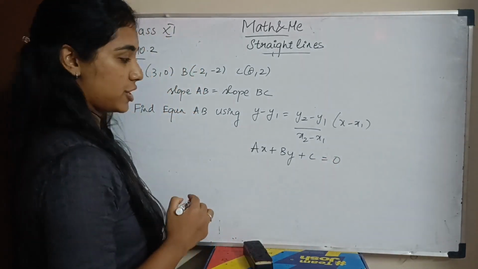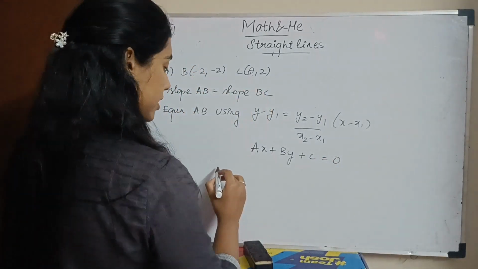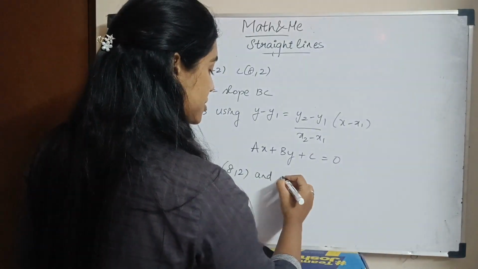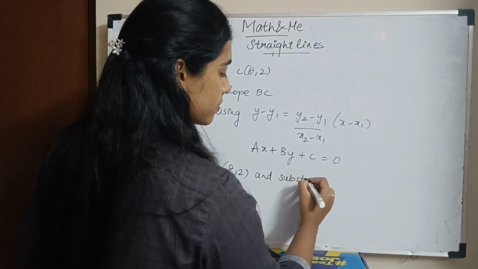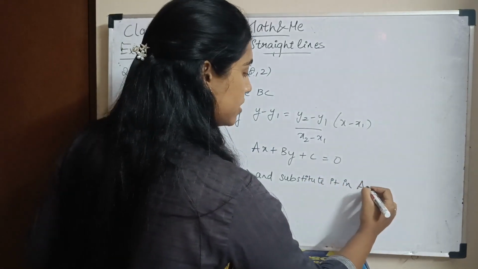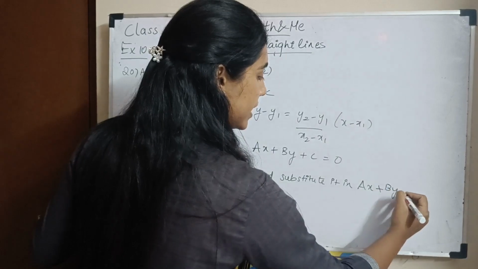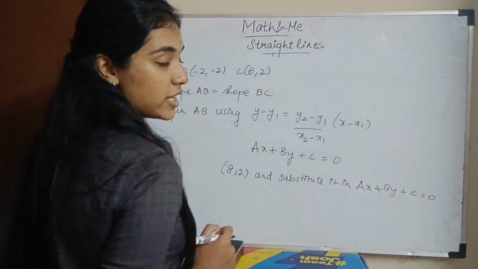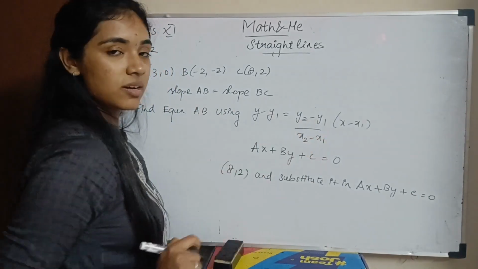So this will be your equation. Take the third point. Take (8, 2) and substitute it in the equation. So if you get the value to be 0, it means that the 3 points are collinear.